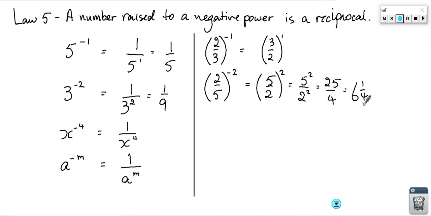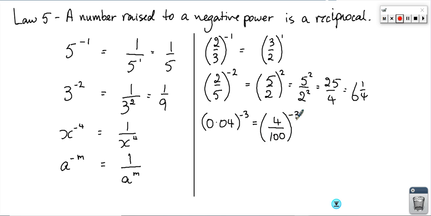What happens if our number is a decimal? So let's say I have 0.04 to the power of minus 3. That means 4 on 100, because 0.04 is 4 on 100.